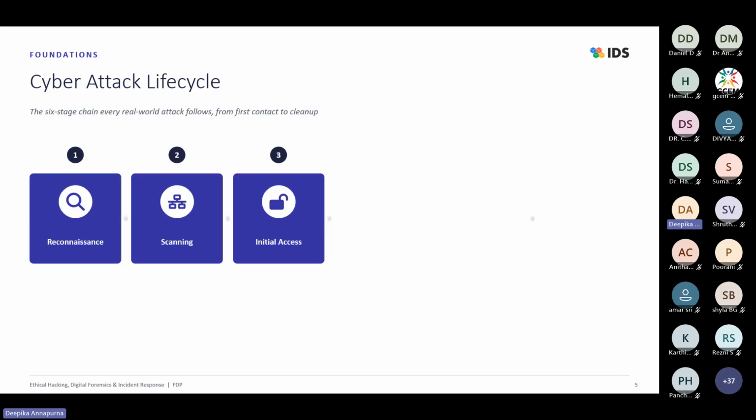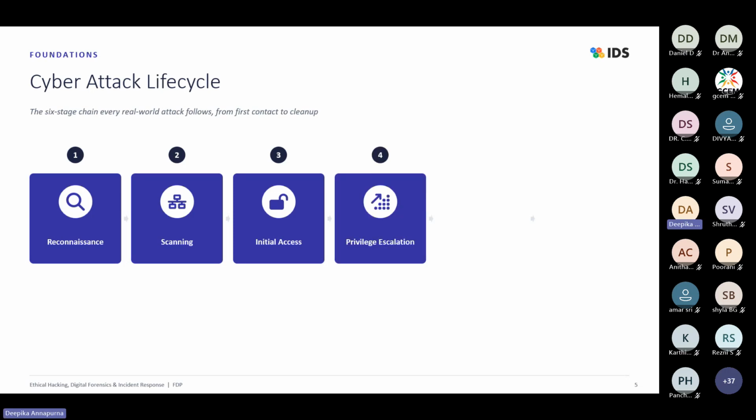Let's say he found some company email IDs, so he will send emails to all the employees. Okay, phishing email. Or he will try to exploit some outdated software or weak passwords. This is called initial access. He wants to get inside, so he will be trying it.